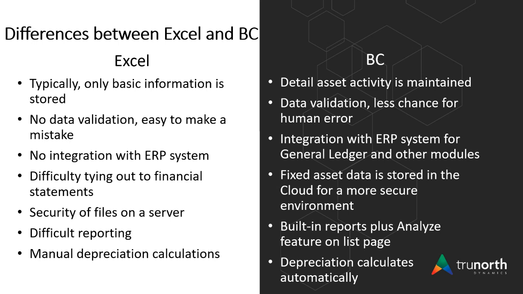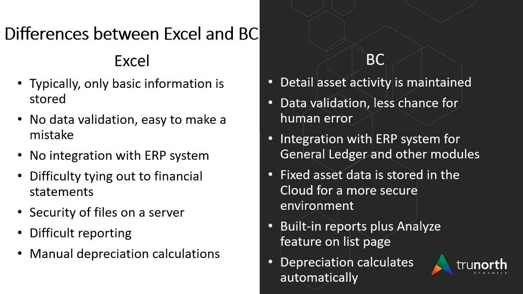It can happen, it will happen, and then you have to go backwards and figure out what happened. Whereas in Business Central, your ERP system for your financial statements is going to be integrated automatically with the general ledger. You can also run fixed asset reports through Business Central.